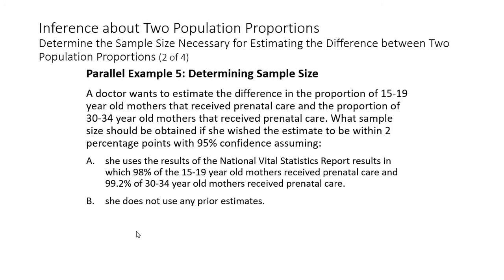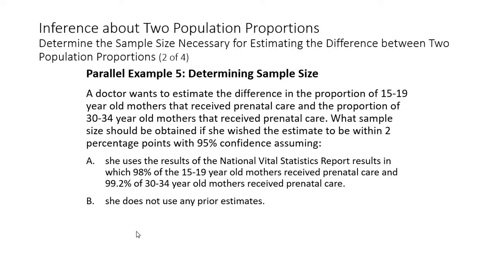A doctor wants to estimate the difference in the proportion of 15 to 19-year-old mothers that received prenatal care and the proportion of 30 to 34-year-old mothers that receive prenatal care.